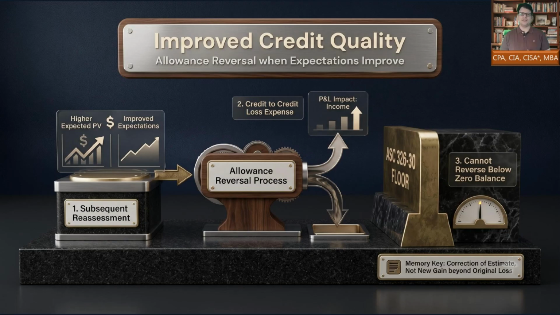But the allowance cannot go below zero. We are correcting a credit estimate, not creating a bonus gain because management feels cheerful. Once the allowance reaches zero, further improvement in credit expectations does not create a negative allowance. The model allows reversal, but only up to the amount of the existing allowance.